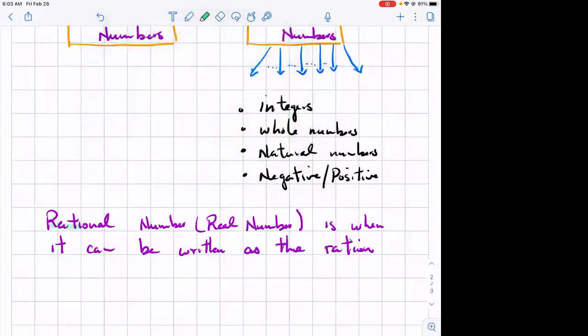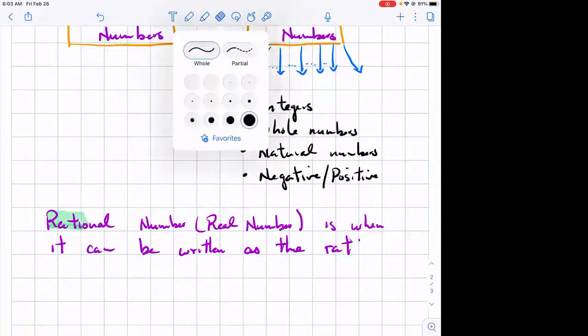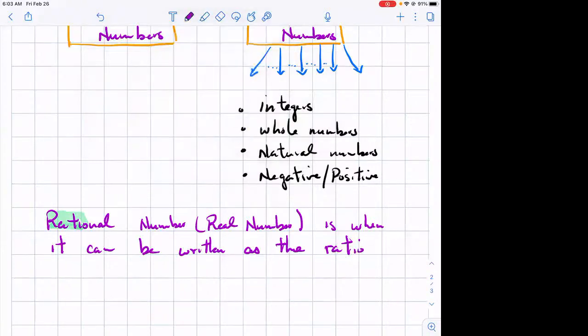Rational, the first few letters spell ratio.